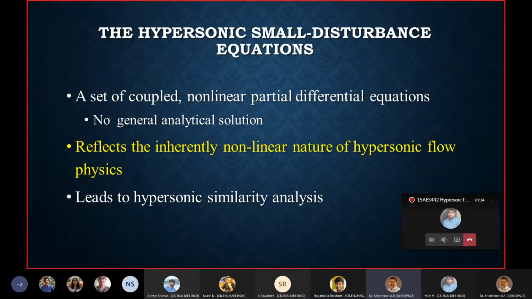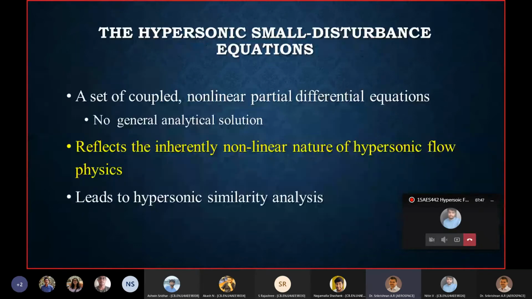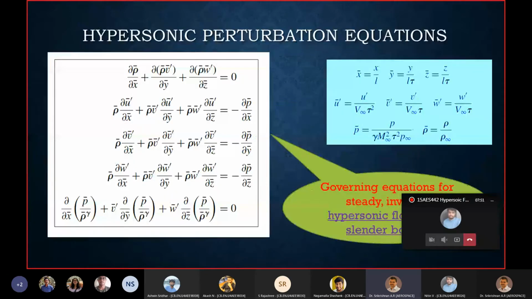So by non-dimensionalizing in such a way that the orders of magnitude are either 1 or tau squared, and neglecting the terms of order tau squared, we have a set of equations expressed in terms of x bar, y bar, z bar, u dash bar, etc., p bar, rho bar, etc., which are all non-dimensional forms.